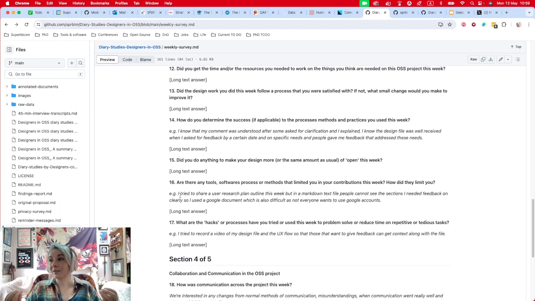But the thing that you can't do in Markdown files, or it's harder to do, you could probably do through comments in the pull requests, is having conversations about particular sections of user research and why it's important.